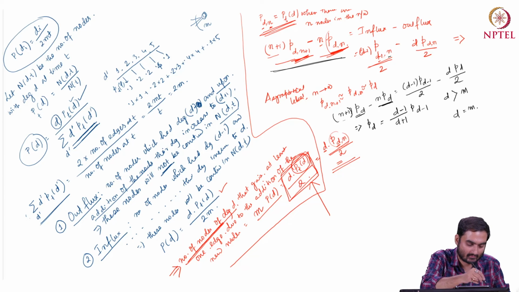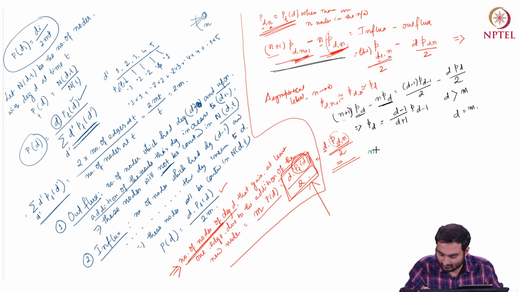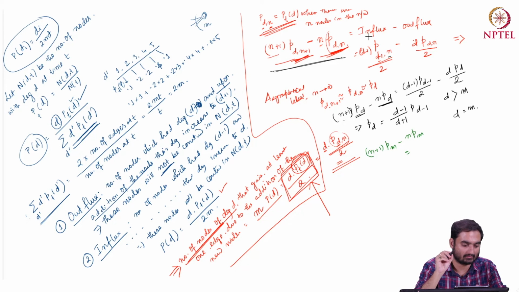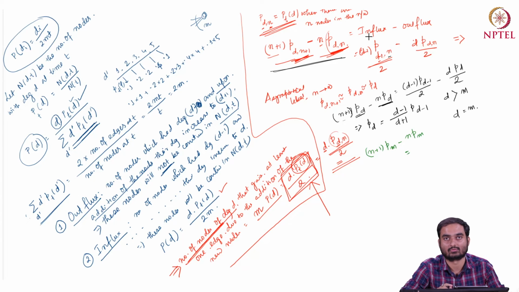So this will be n plus 1 times pm minus n pm equals, now think about the influx. It is basically saying what would be the number of nodes with degree m when a new node comes in.